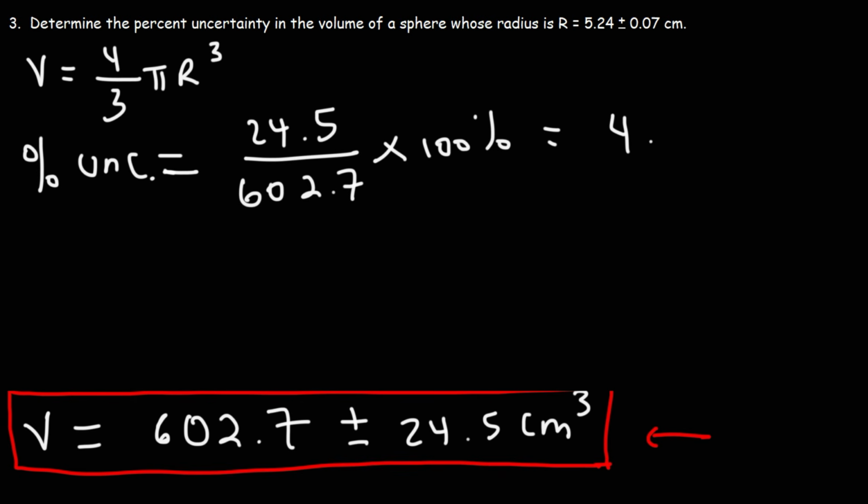And that's going to be 4.0654%. So we could say it's approximately, if we want to round it, about 4% or 4.1%.